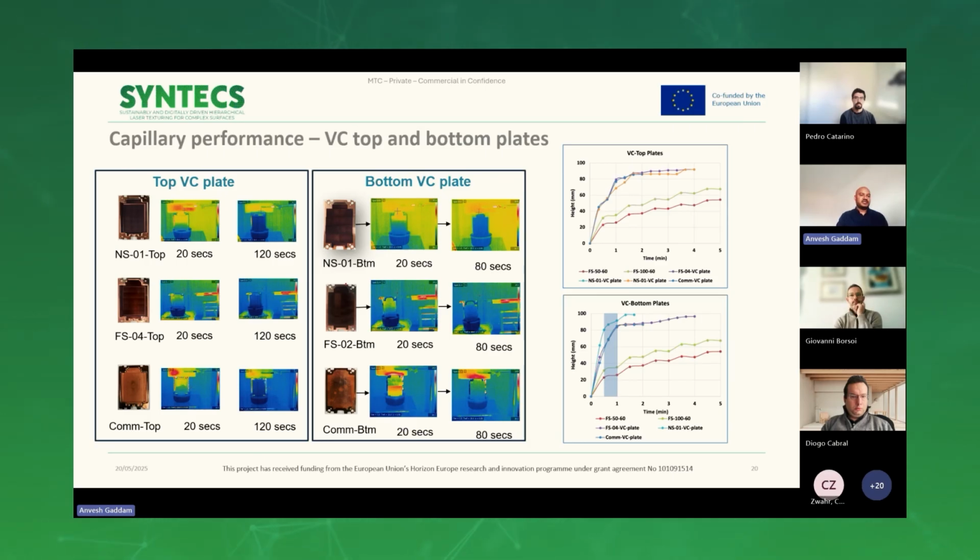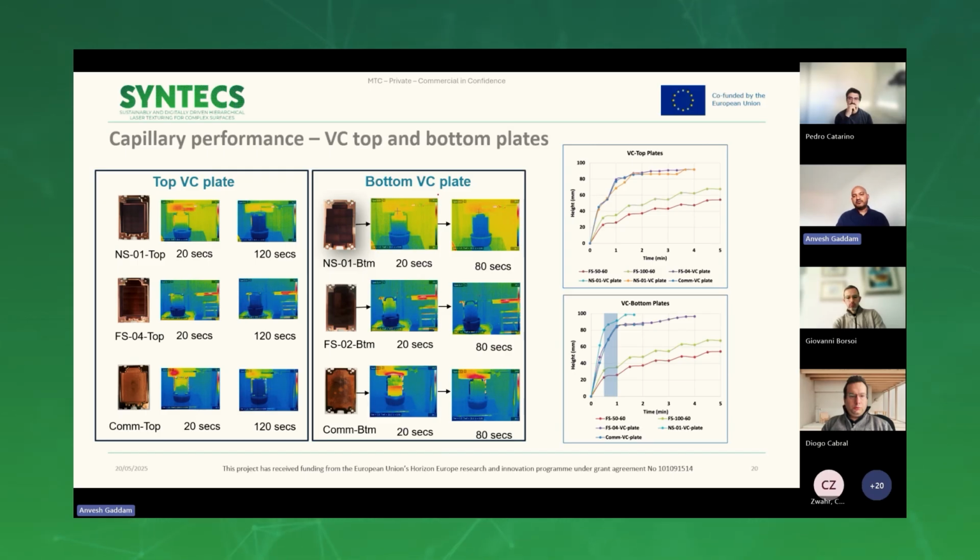This slide shows the capillary performance of the top and bottom plates. The vapor chamber has both top and bottom plates, which are separated by spacers, and both plates are textured and tested for their capillary action. The top image shows the nanosecond laser textured plates, the middle image shows the femtosecond laser textured plate, while the last image shows the commercial sintered wick plates.